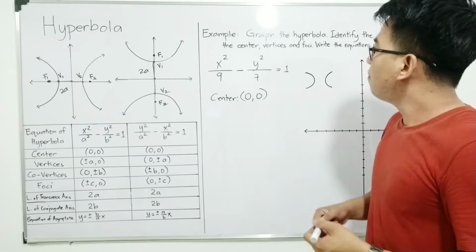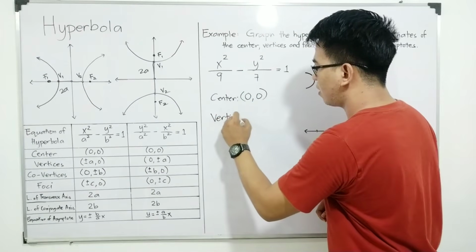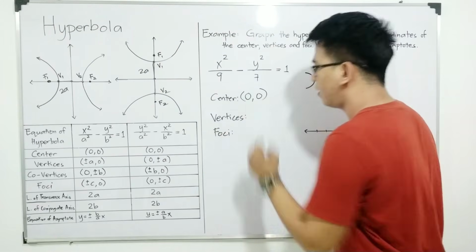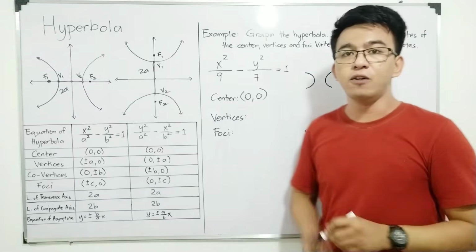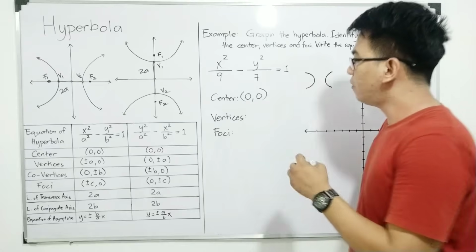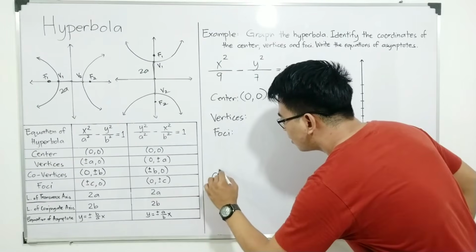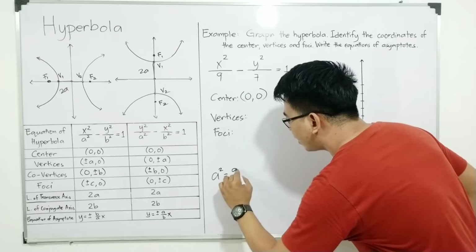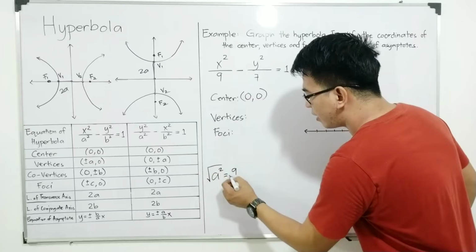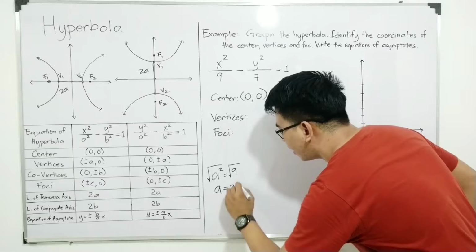Now, let's move on. Para mahanap natin yung vertices at yung ating foci, we need to get the value of a, b, and c. Okay? So, for the a, solve tayo dito, your a squared is equal to 9. Now, to solve for a, get the square root of both sides, your a is equal to 3.